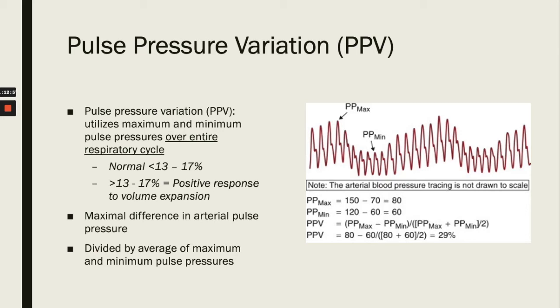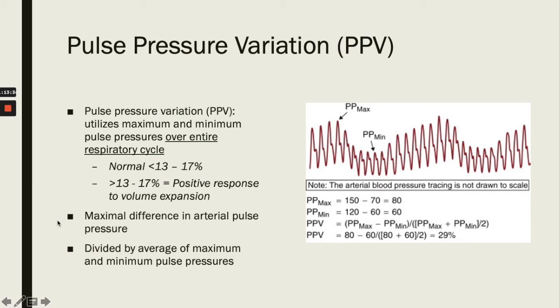So that means they have enough preload reserve to tolerate fluid. And so you are taking the difference between your pulse pressure maximum and your pulse pressure minimum, and if it's between 13 and 17% or lower than that, that patient is normal. But if it's greater than 13 to 17%, that patient could tolerate a fluid challenge or could have a positive response to volume expansion.